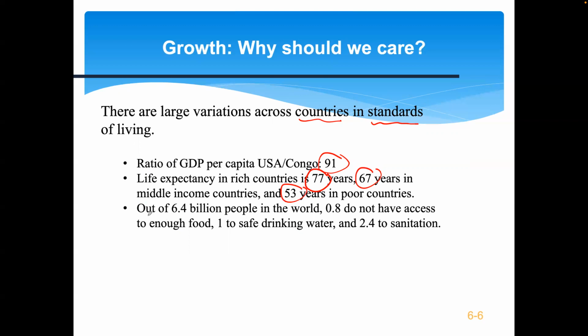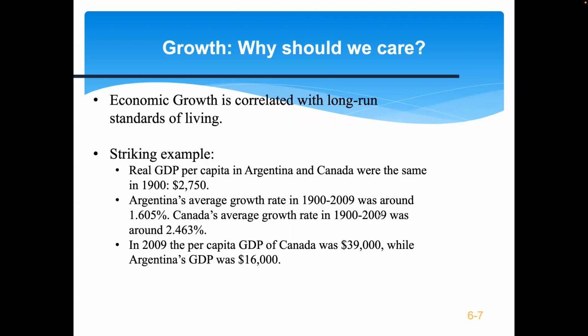And worldwide, almost 1 billion people don't have access to enough food. More than one billion are lacking safe drinking water. And over 2 million people don't have access to sanitation. Those things contribute to large variation in standard of living, in life expectancy, and in infant mortality rate.